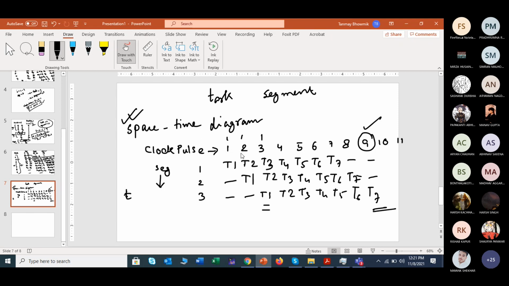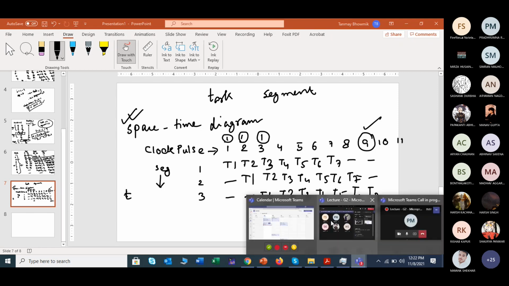This zone has one completion time, this one has its own completion time, and this one has its own completion time. And I am talking about this T1. So when you are thinking about this T1, how much total time was required to complete this task?